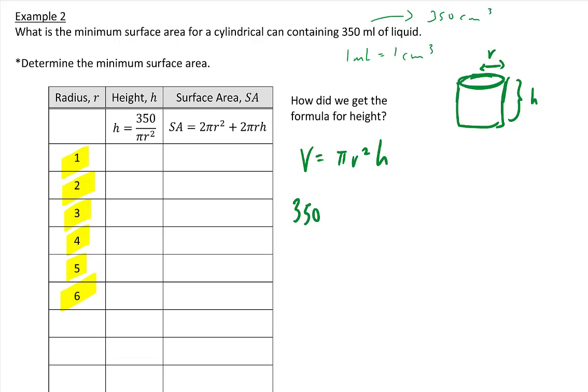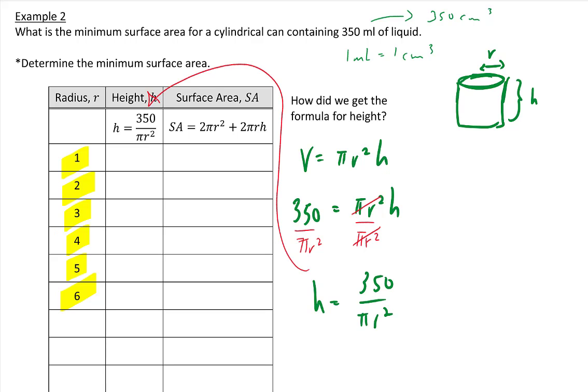We're told that 350 is our volume. And if I want to solve for h, I have to divide both sides by pi r squared. So they'll cancel out. And then we're left with h equals 350 over pi r squared, which is what I put in for my formula for the height.